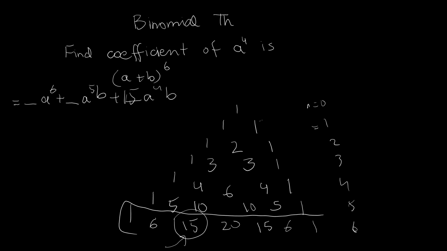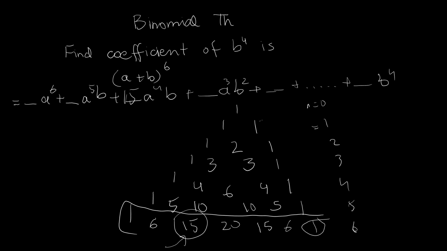Similarly, if you are asked to find the coefficient of b to the power of 6, then you have to continue expanding it until you get there. We know that b to the power of 6 would be the last term, and hence 1 would be the answer.